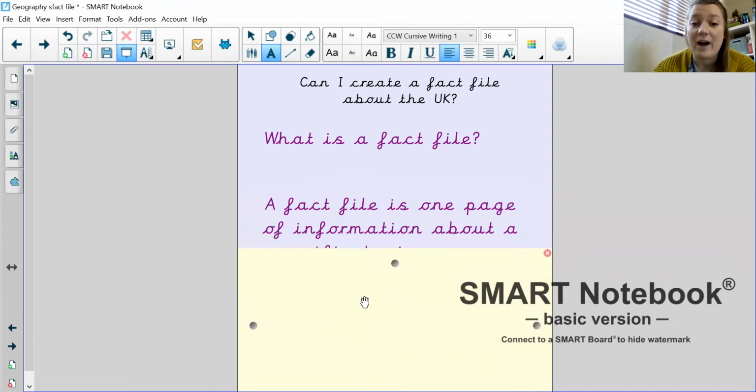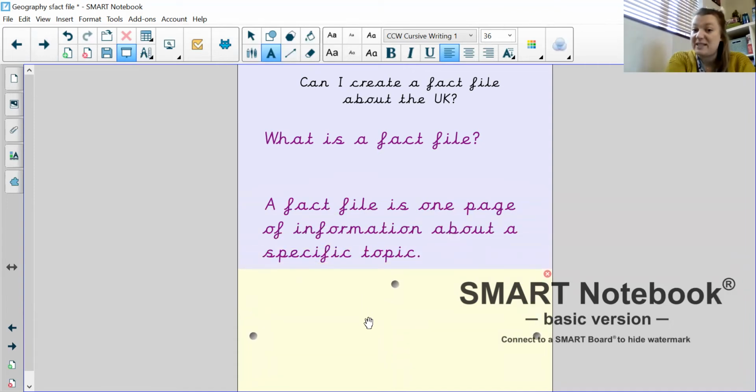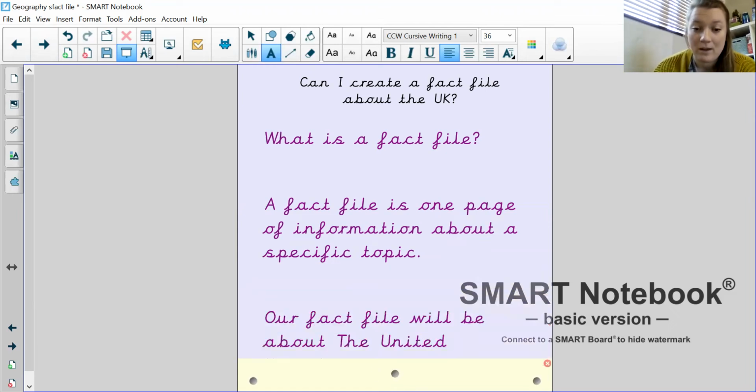A fact file is one page of information about a specific topic. Now, if it's a page and it's got facts on it, so it's informing us about something, then it is a non-fiction text. So we're not writing a story, we're writing facts. Our fact file today will be about the United Kingdom.